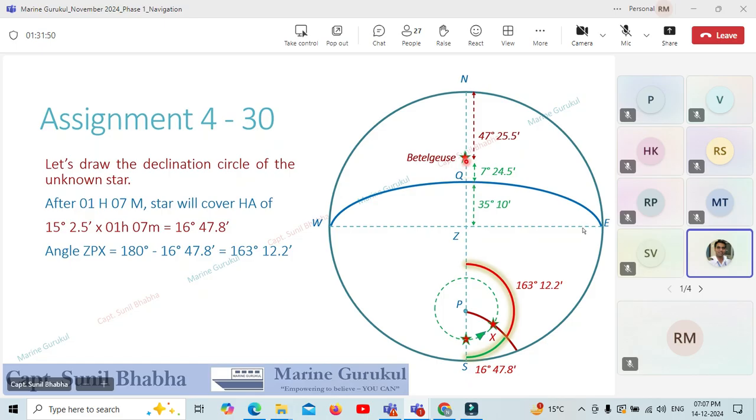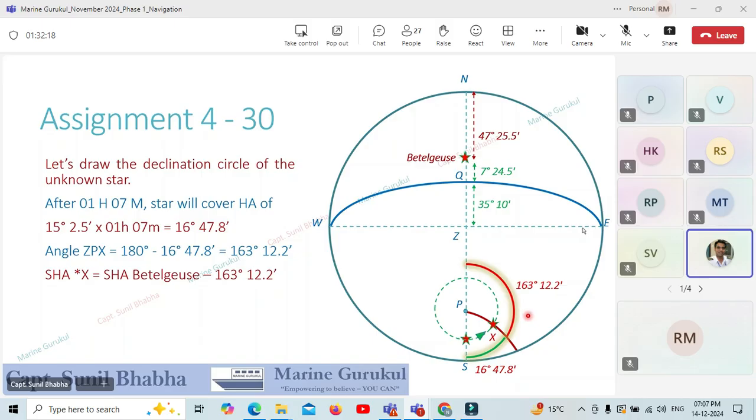This is where Betelgeuse is. If you go in the easterly direction, see, this is the easterly direction. So from Betelgeuse, if you go in the easterly direction by an angle of 163 degrees 12.2 minutes, you reach the unknown star. Or in other words, the unknown star is 163 degrees 12.2 minutes east of Betelgeuse.